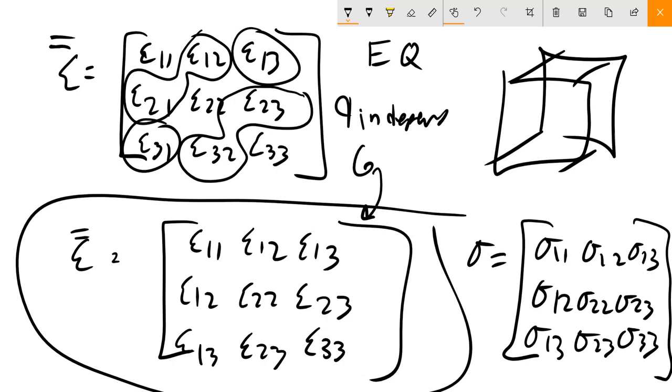Fortunately here, sigma 1,2 is equal to tau 1,2. Unfortunately here, epsilon 1,2, our tensorial definition of strain, does not equal our engineering definition of shear strain.